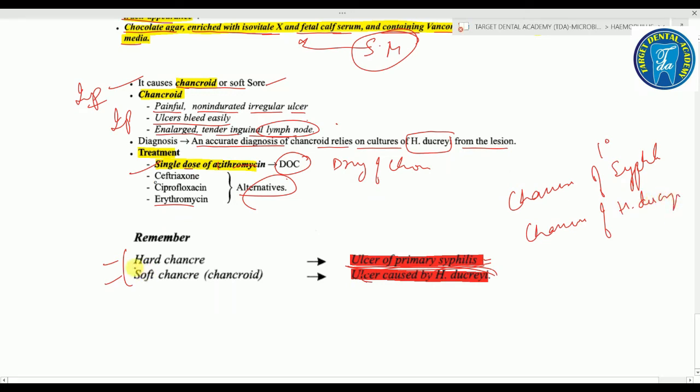This is the hard chancre, which is the ulcer of primary syphilis, while the soft chancre, the chancroid, is the ulcer caused by H. ducreyi. So the ulcer of primary syphilis is hard, while the ulcer caused by H. ducreyi is soft. Don't get confused between these two.